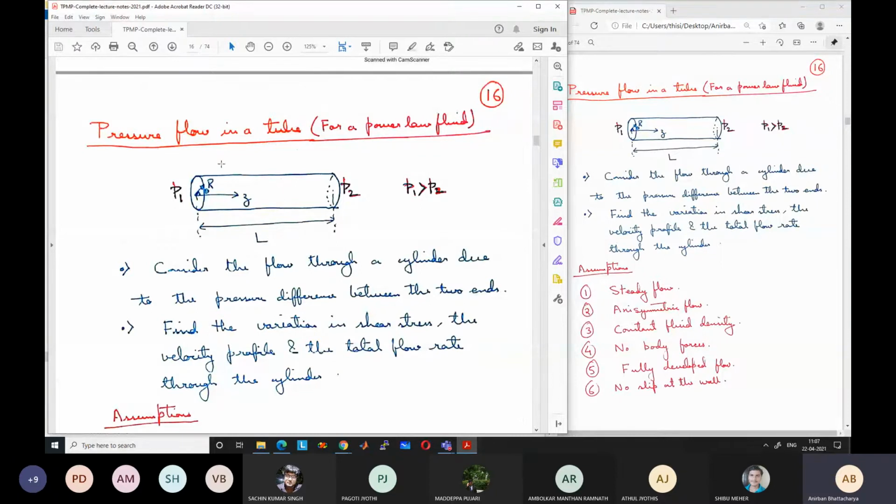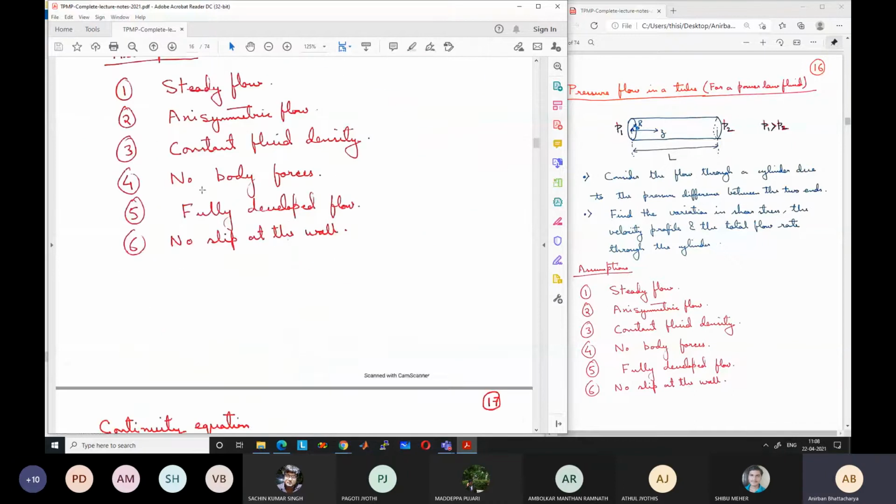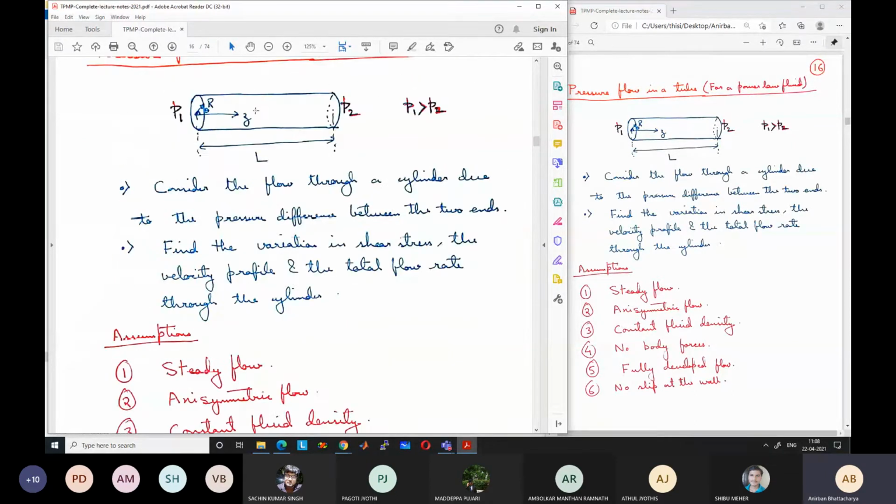We had a pipe through which flow was occurring due to a pressure difference between two ends, a high pressure P1 on one side and a low pressure P2 on the other. We wanted to find the shear stress developed across any cross section, the velocity profile, and the flow rate.